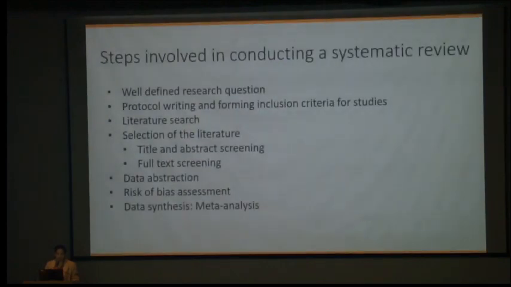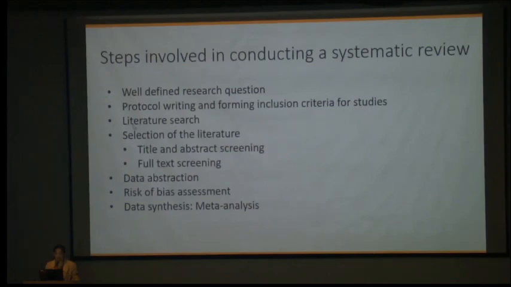So what are the steps in conducting a systematic review? Well, we always start out with a well-defined research question. So it's not general, it's very specific, and it has specific components, which I'll talk about in the next slide. We must write a protocol before we embark on conducting a systematic review, which includes the inclusion criteria for the studies.